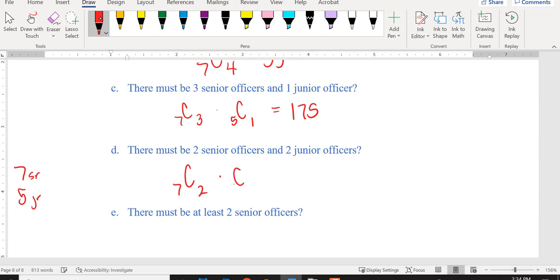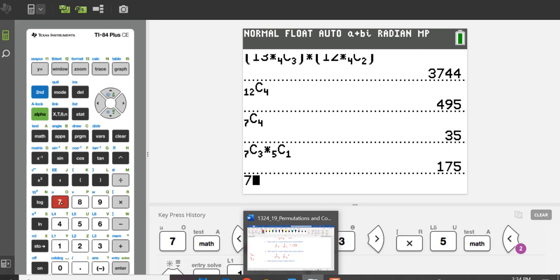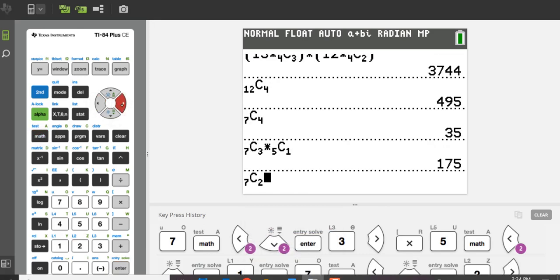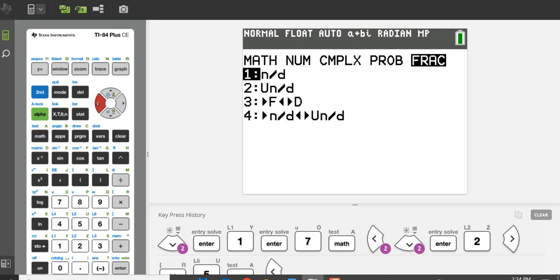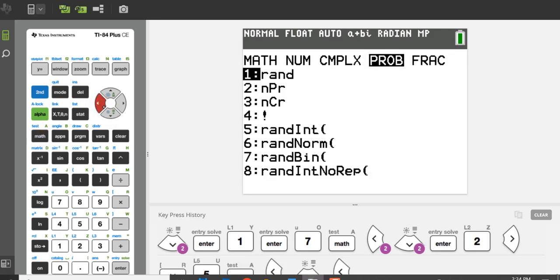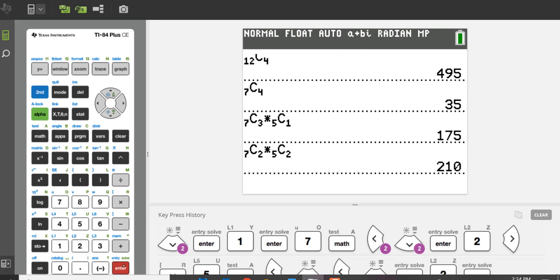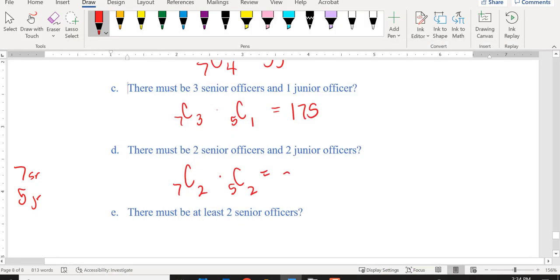Combination of 5, pick 2. 7 combination, pick 2, times 5 combination, pick 2 is 210.